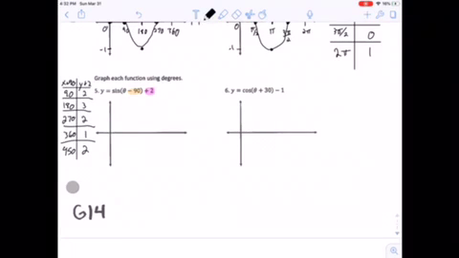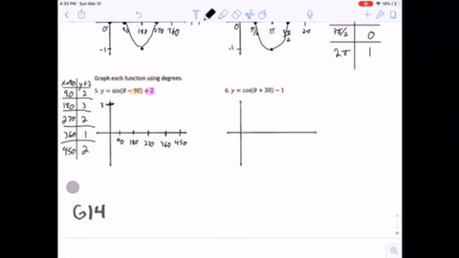So now we set it up. We're going to say 90 is right here. 450 is here. Halfway in between is 270. Halfway in between is 180. And halfway in between is 360. Then let's set up our heights here. 3 is way up here.